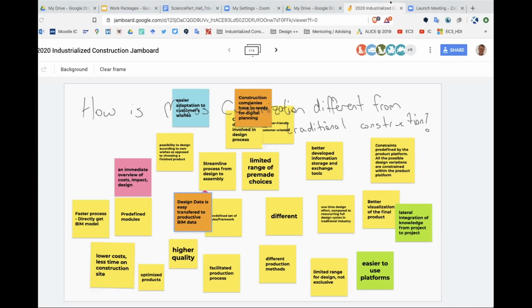It might be my fault here. I cannot start screen share while the other participant is sharing. I think you are sharing. Let me stop here. Okay, you can grab it now. Okay, share screen.